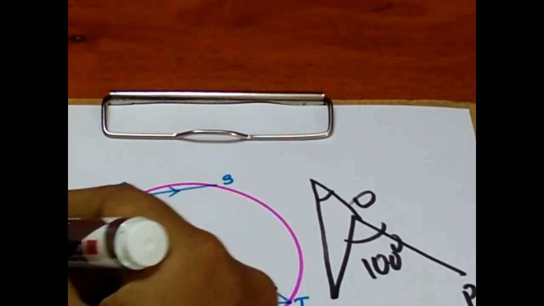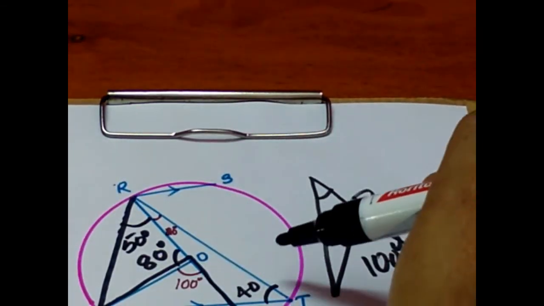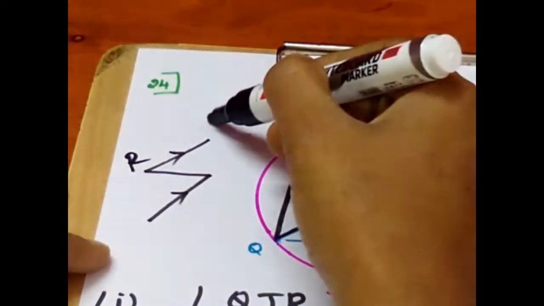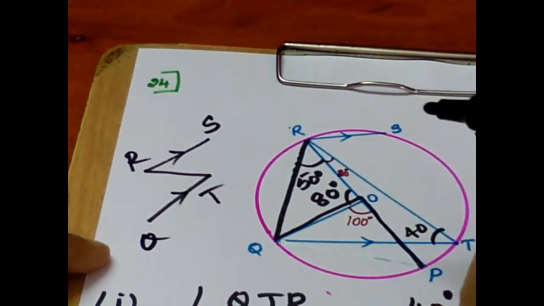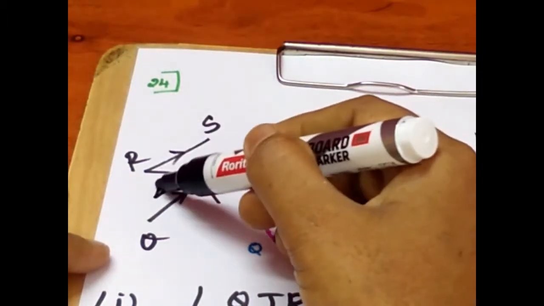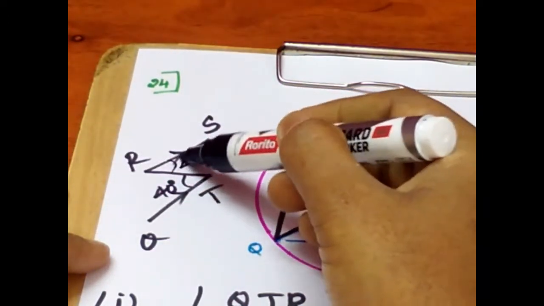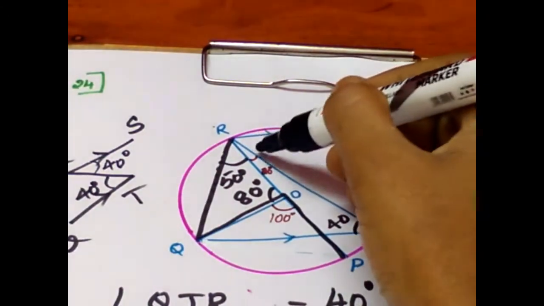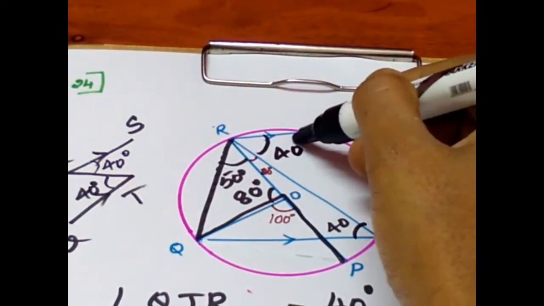Now, from the diagram, as these two lines are parallel, this is RS and this is QT. QTR is 40 degrees from point number 1. Hence, the measure of angle TRS is also equal to 40 degrees.